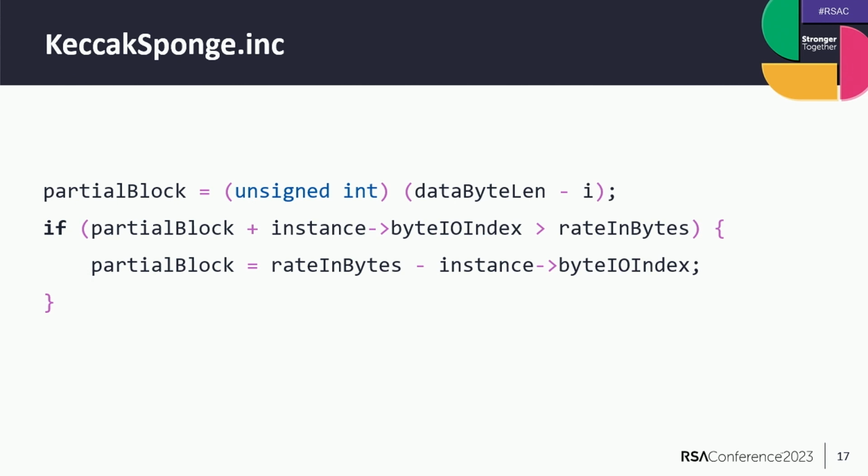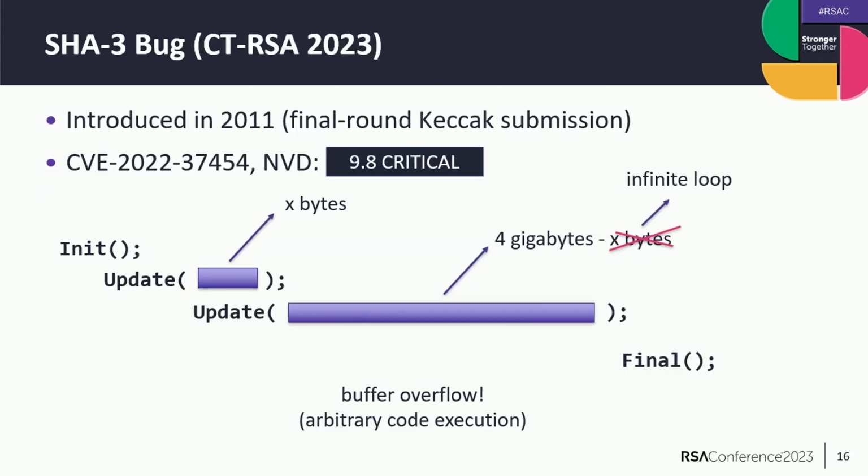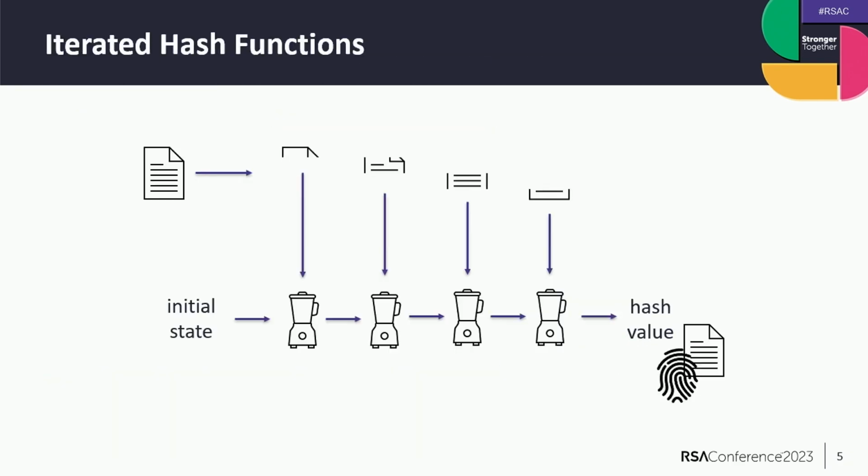Yeah. So the question was, does x have to be large or small, or what are the restrictions on there? So x has to be a certain value that ensures that there is still a partial block inside the buffer. Like if I go back to this first slide here, you process the message into blocks of a certain size.